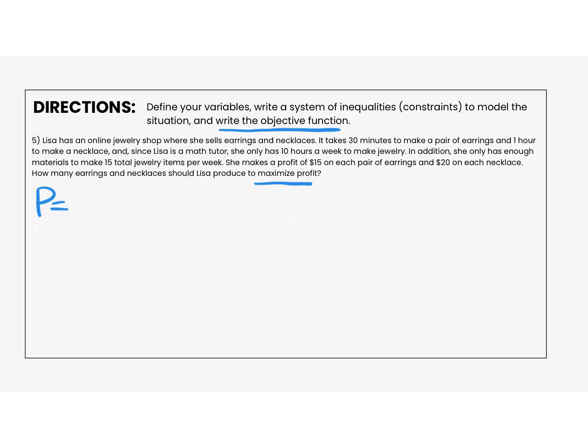We have two variables here, so let's define those before we write our profit. She sells earrings and necklaces, so let's say X is earrings and Y is necklaces. And what we're trying to do is make the most amount of profit that we can.